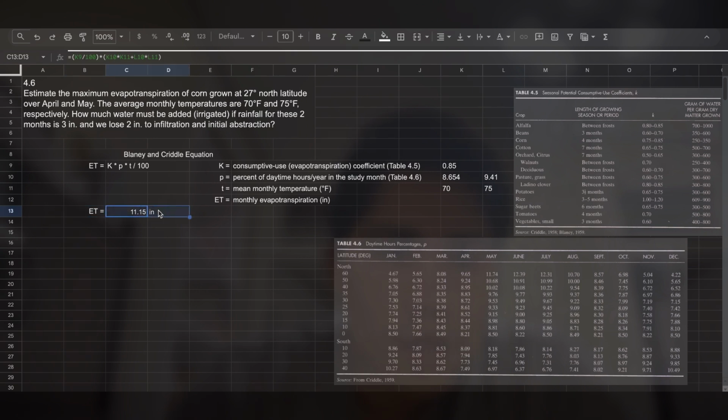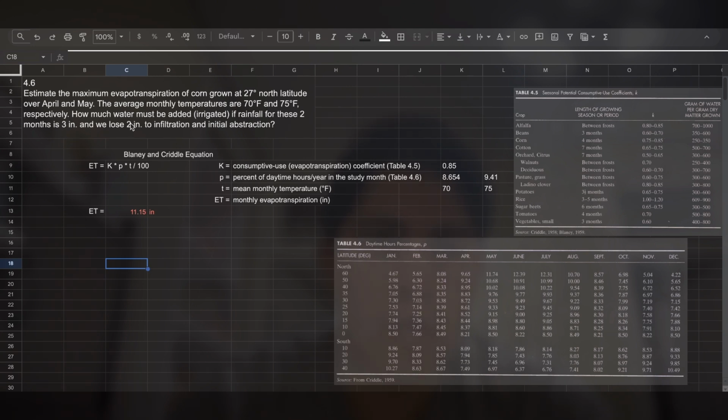So I would say this is one of the answers, because we're also asked how much water must be added or irrigated if rainfall for these 2 months is 3 inches and we lose 2 inches to infiltration and initial abstraction. So a simple way to go with this is we are gaining 3 inches of water due to rainfall.